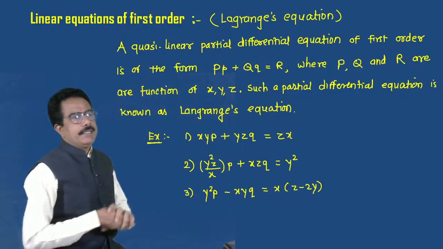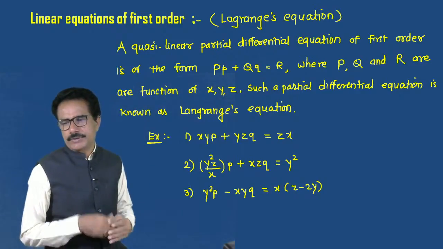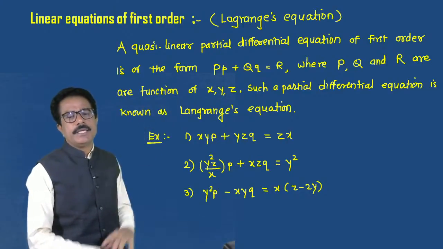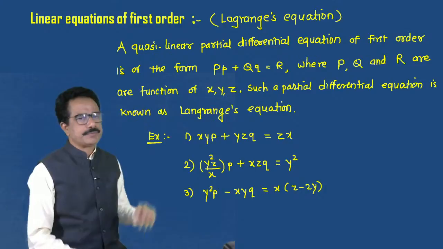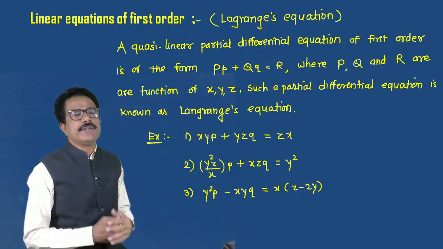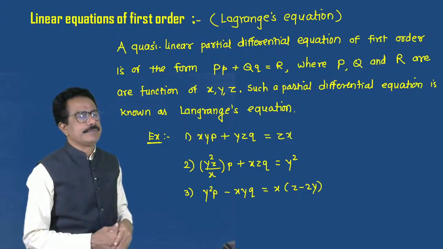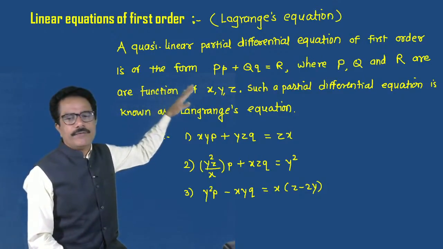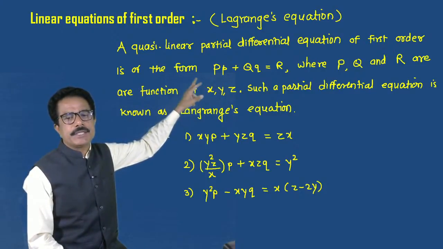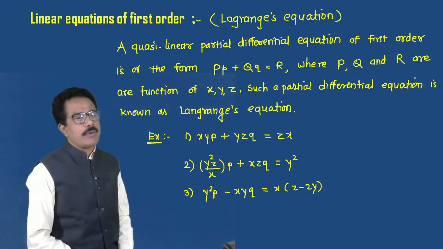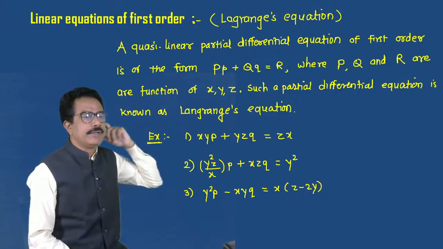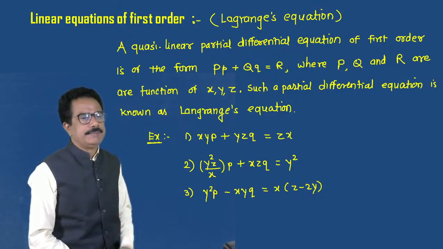Now what is meant by a linear equation of the first order? We shall write the definition of the linear equation of first order. See this, a quasi-linear partial differential equation of the first order is of the form capital P into p plus capital Q into q equals R, where P, Q, R are functions of x, y, z.